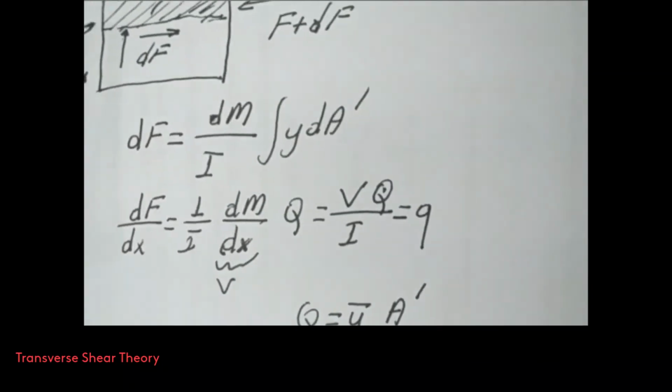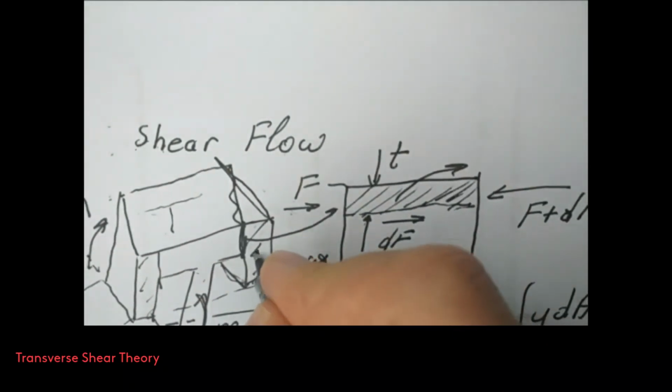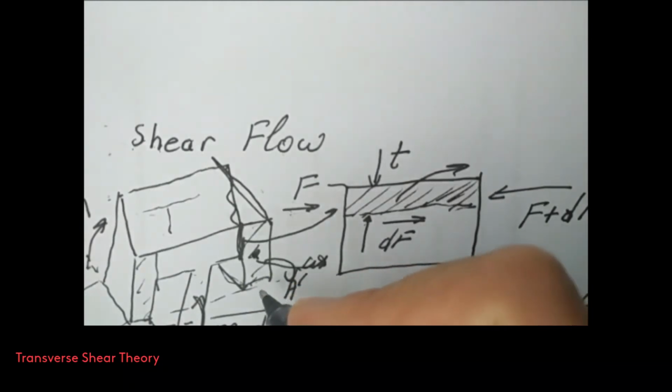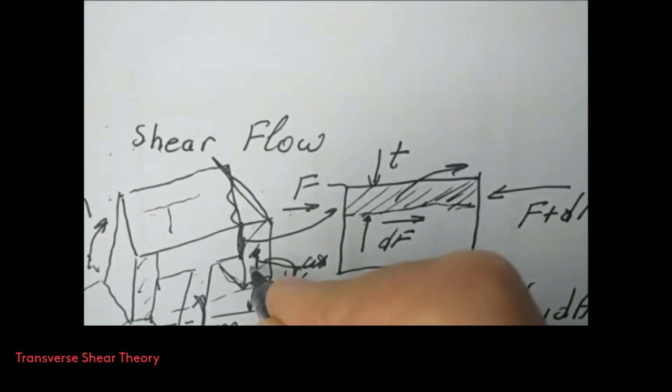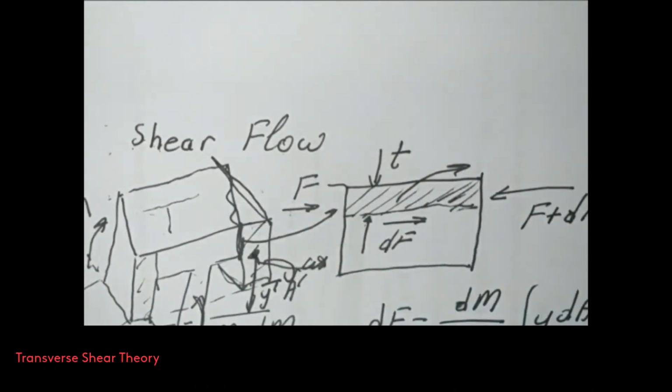So y bar is the distance of the centroid of this area to the neutral axis.